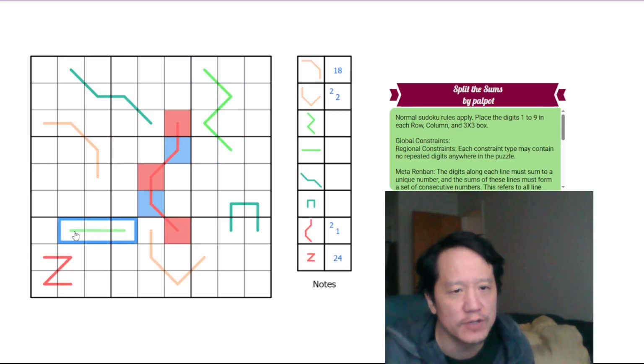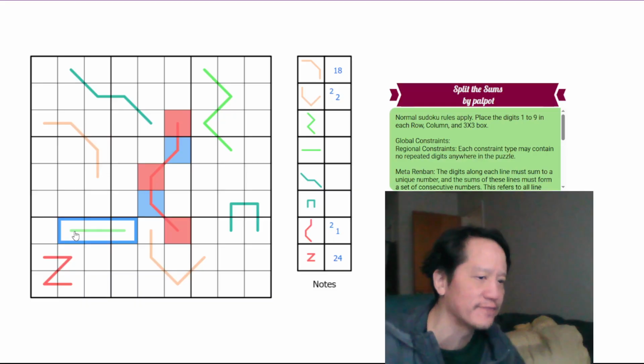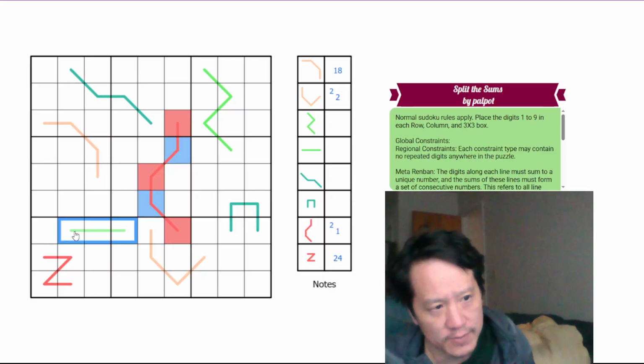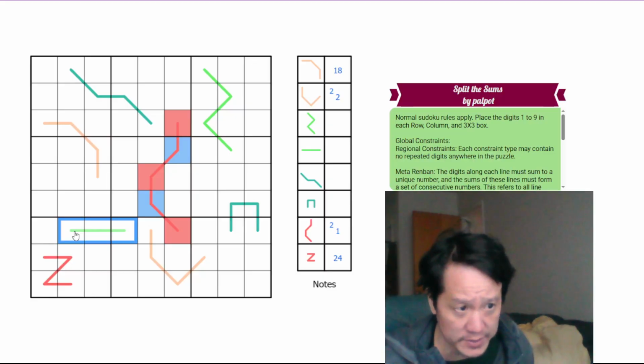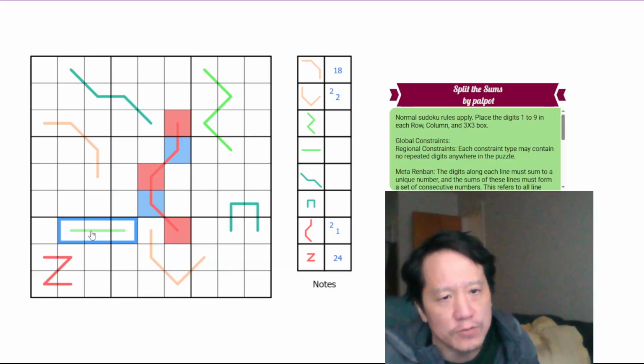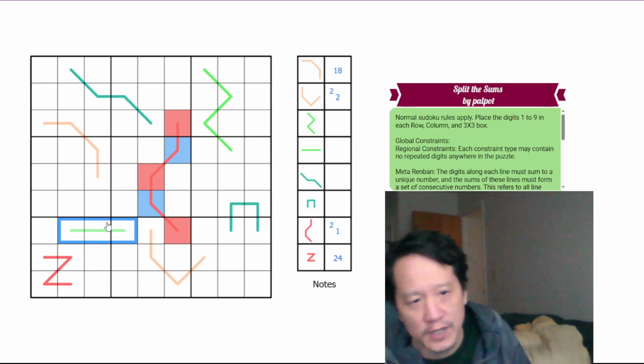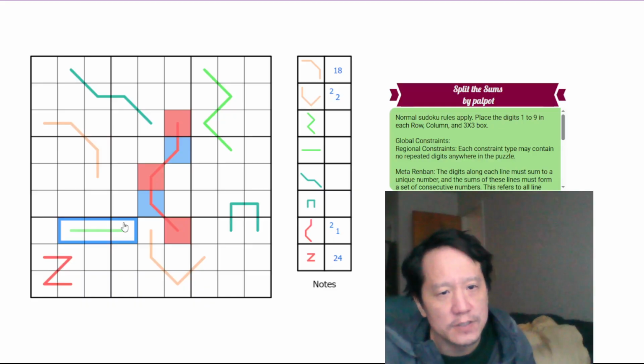So this relies on what is missing from the Whisper 5 line. 17 is the smallest that any 3 digits can sum to on the Whisper 5 line.